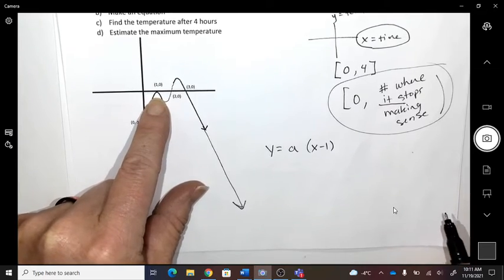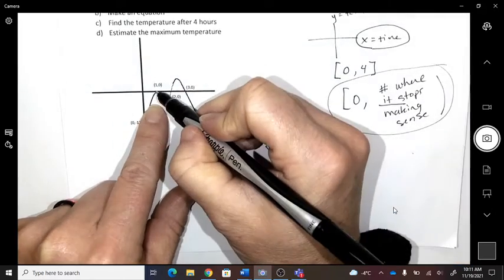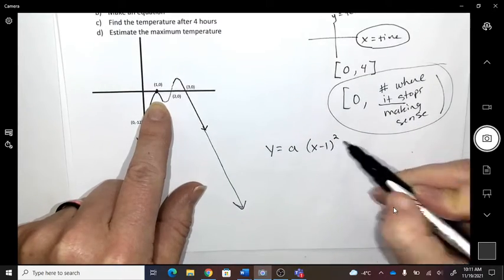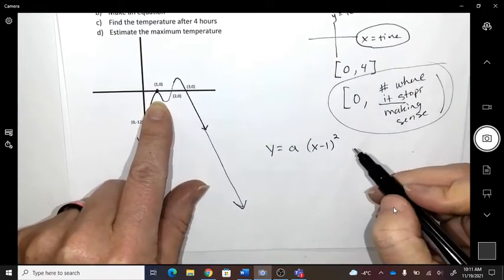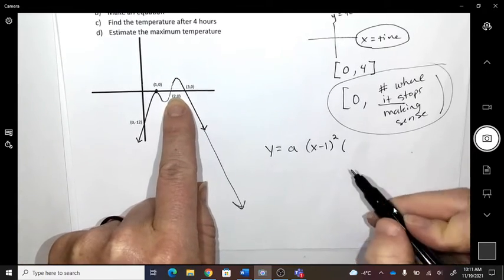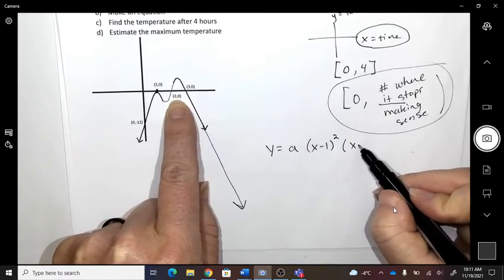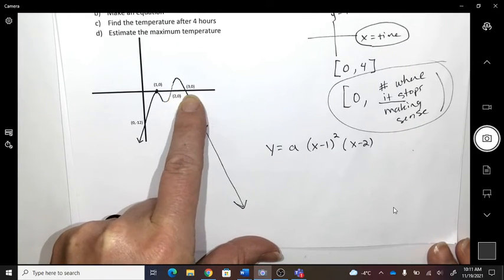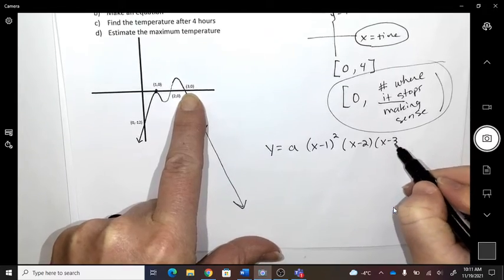What happened at that x-intercept? It bounced. So that means I need an exponent 2. The next intercept is at 2, so x minus 2. And then the next intercept is at 3, so x minus 3.